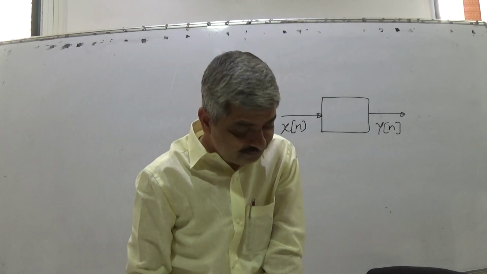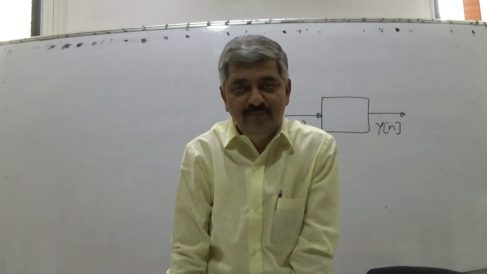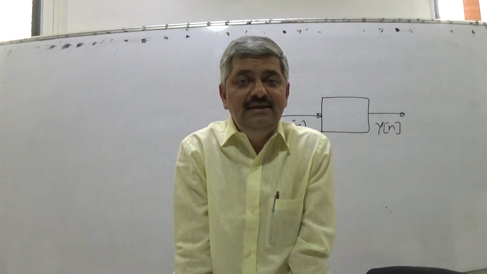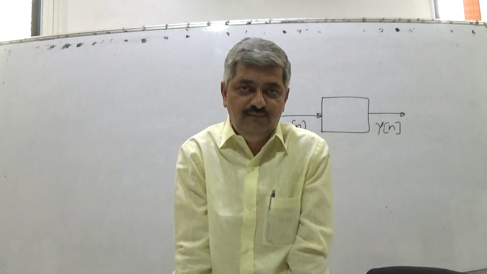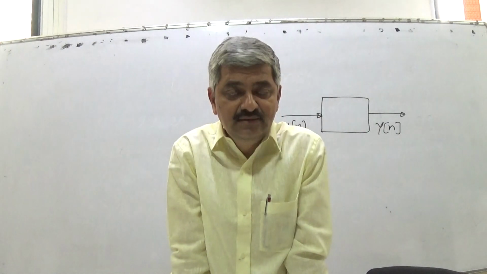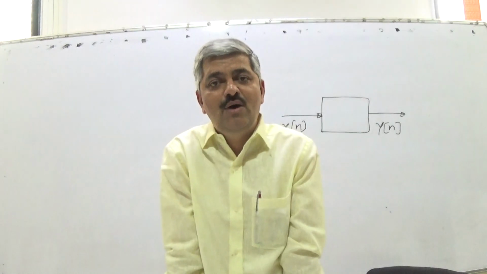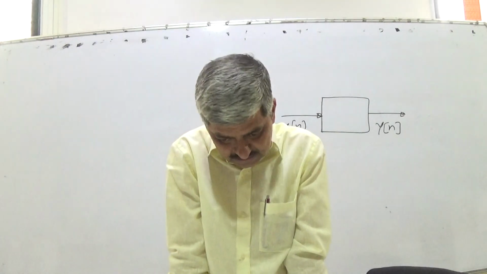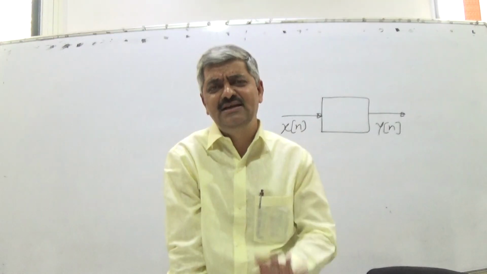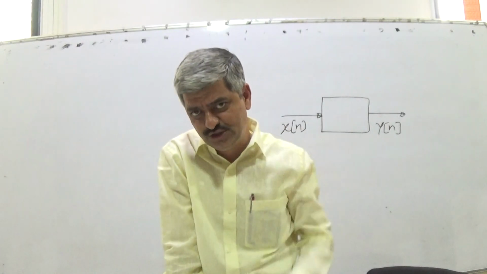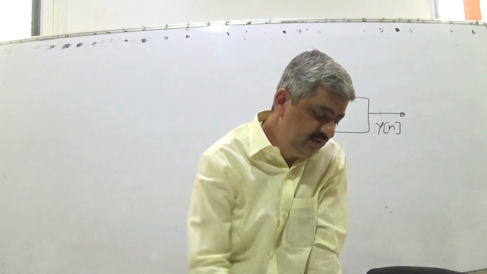Is it clear? That means scaling and additivity. These two are required for a system to be linear. I am explaining it in a simple manner. You can watch the standard videos.